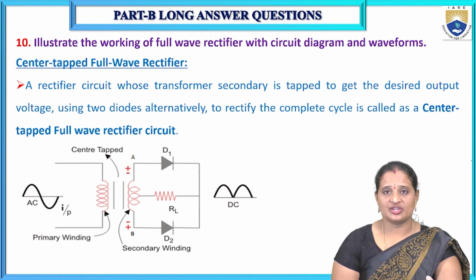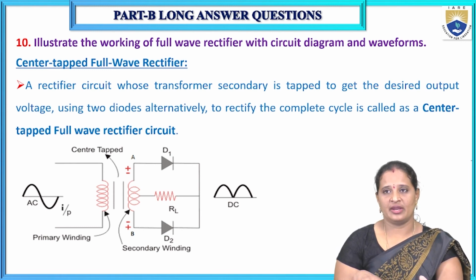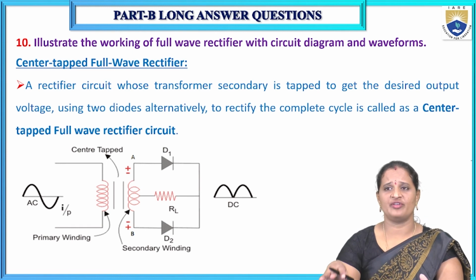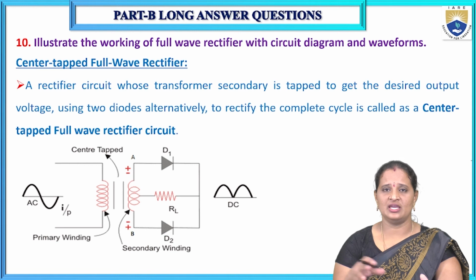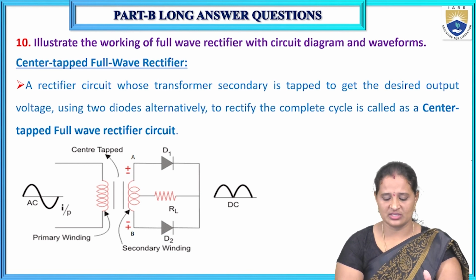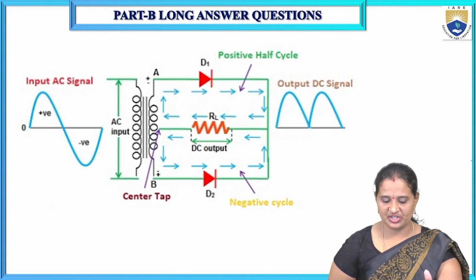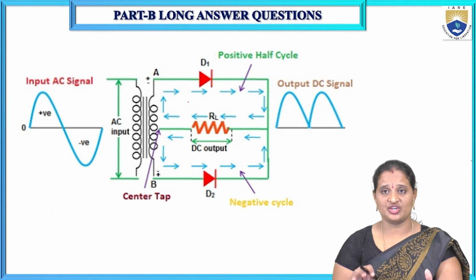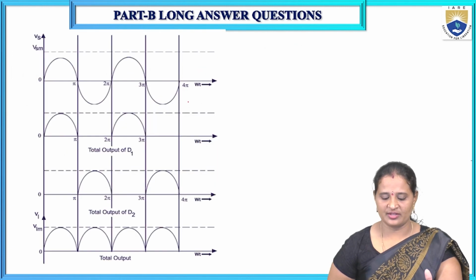A rectifier circuit which can convert both the half cycles of input into DC is known as a full wave rectifier. So this is the circuit diagram. Just mention the operation of full wave rectifier during the positive half cycle. With a neat circuit, if you explain, you can get the full marks.